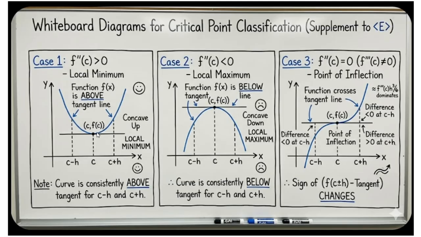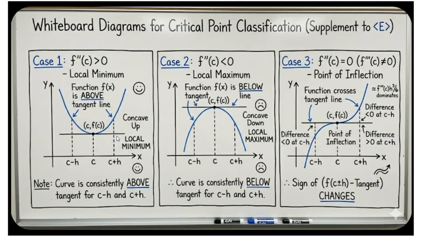Then f of c minus h, the curve value at c minus h, minus the tangent value at c minus h is greater than 0, because here the curve value is like this, the tangent value is this, so the curve value minus the tangent value is greater than 0. Therefore the curve is concave up here, on the left side.